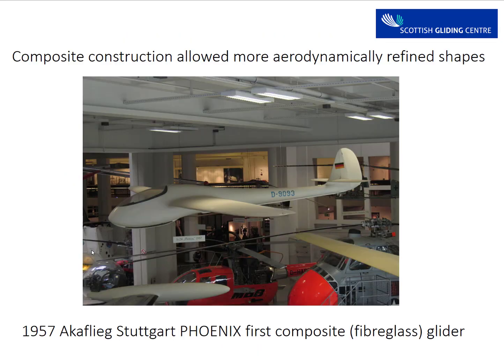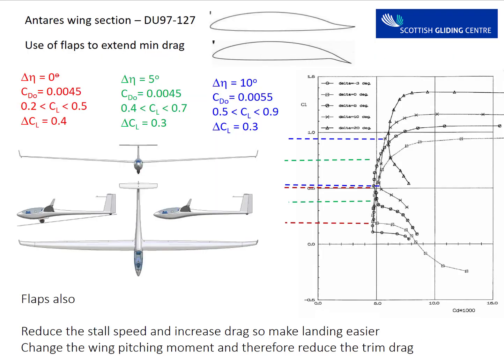It was only really with the development of composite gliders from 1957 onwards, here with the Akaflieg Stuttgart's Phoenix, which was the first composite or fiberglass glider, that we could get nice smooth surfaces whose shape could be very well controlled, that we actually get laminar flow over most of the wing.